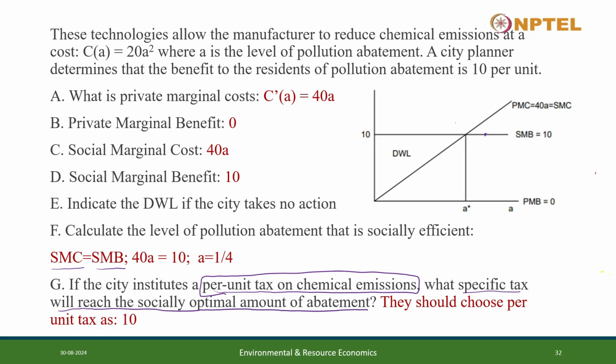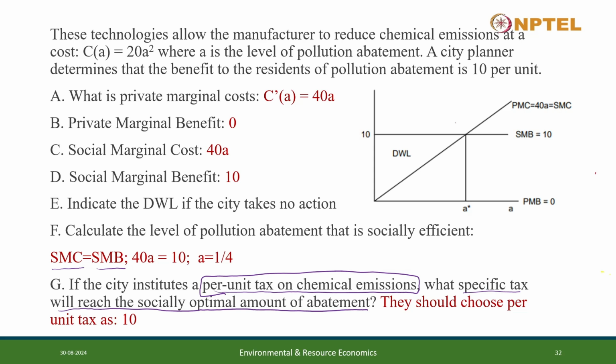So we are asking that if the government has to levy some tax on the pollution of the river by the production of chemicals, then what will be the level of tax?